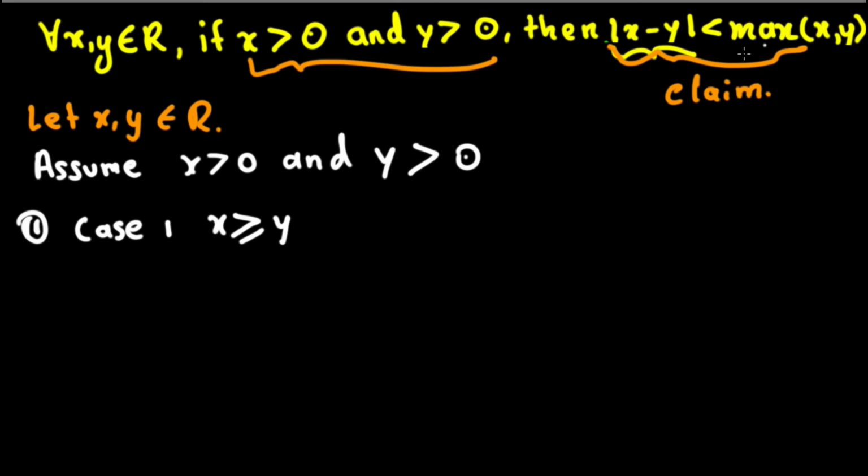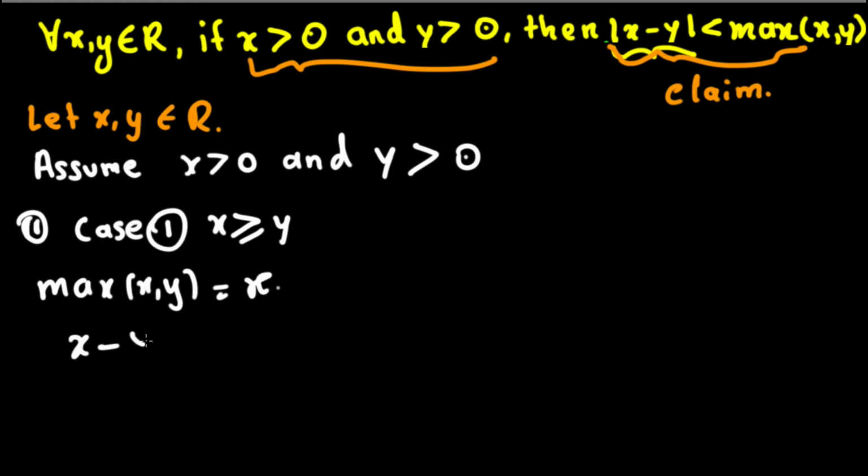We are only considering the maximum here. The maximum of x, y is x, because x is greater than y. If you rearrange the inequality, you get x minus y is greater than 0.